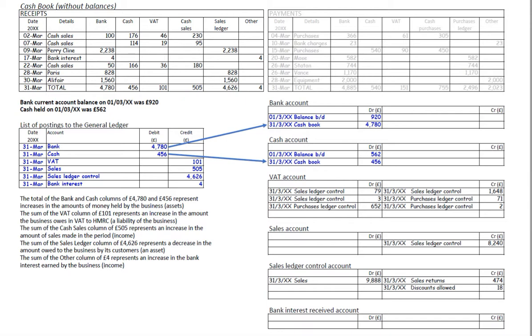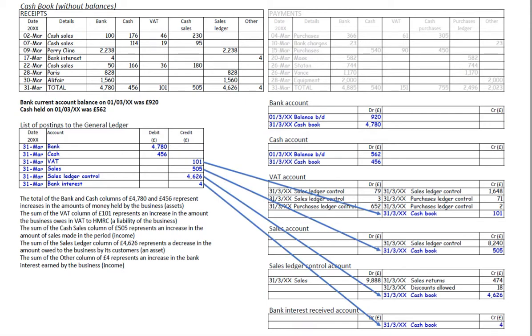We'll then post all of the credits. And again, I will use the description cash book for the same reason. So if, for instance, when we look at the VAT account, that £101, I know that some of the corresponding debit will be in the bank account, some in the cash, but it's not easy to say how much of each, and I don't really want to go through all of the work of splitting it out.